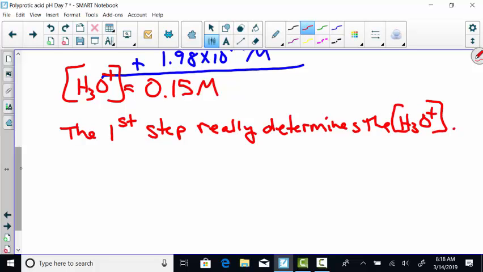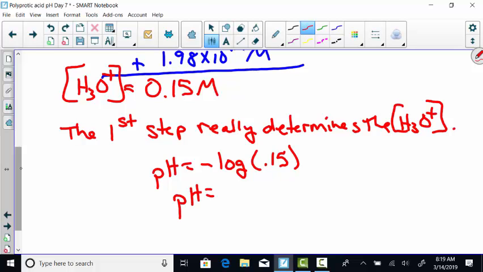So essentially you have the pH after the first step. You would calculate the pH by using minus the log of 0.15 molar, and that will give you your pH.